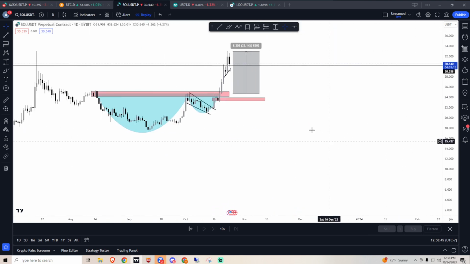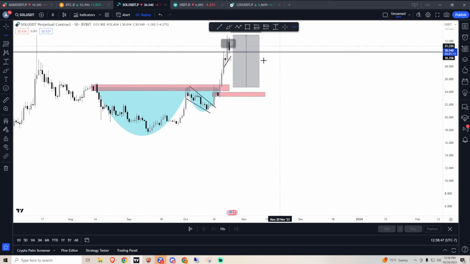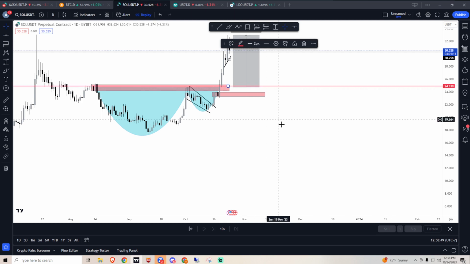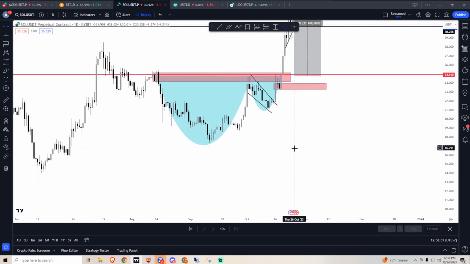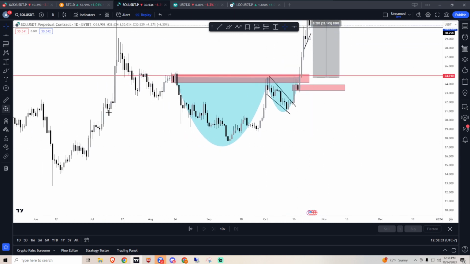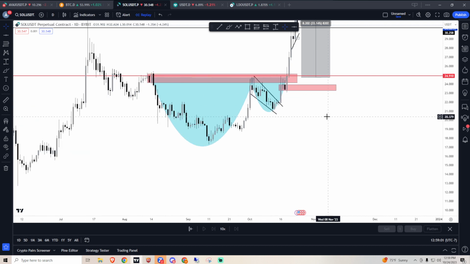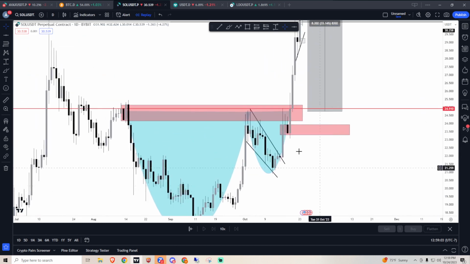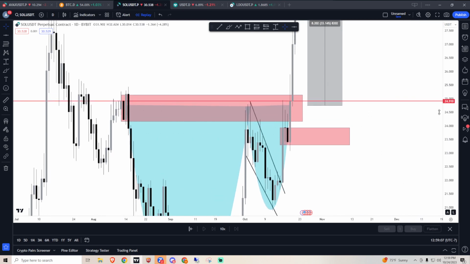Okay, let's draw this back on. After the final break of the resistance, you're talking about this one? Okay, one sec. Okay, there's the breakout. I actually drew it.